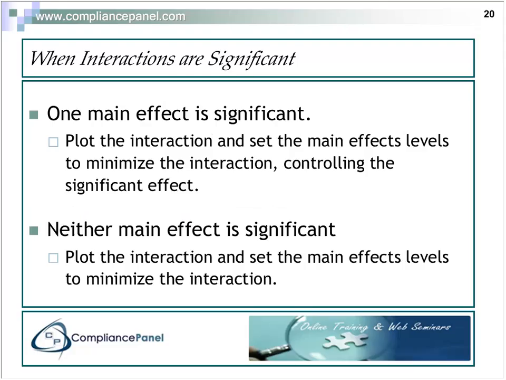If neither main effect is significant, but the interaction is, this is a situation where you kind of get yourself scratching your head going, what do we do? And I usually say this is a case where you have basically said that factor A and factor B by themselves are not important. Create a new factor called AB and run all future experiments.